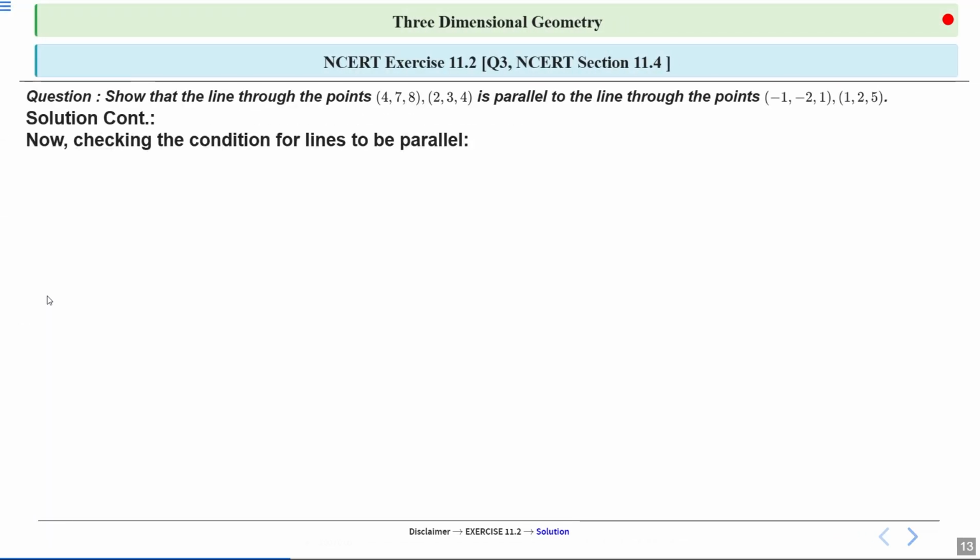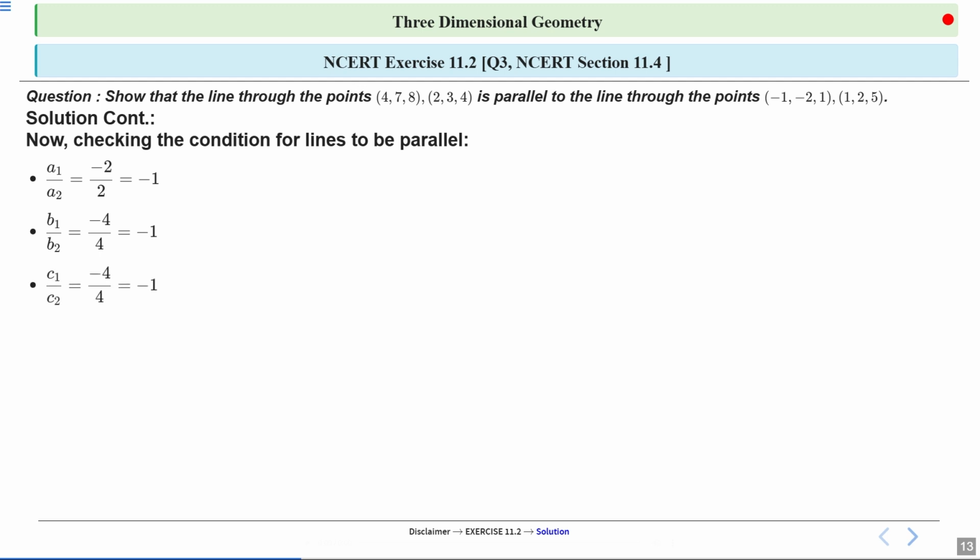Now checking the condition for lines to be parallel. We need to see if the ratios of the x, y and z components are all equal; then the lines are said to be parallel. The ratio of the x components, A1 divided by A2, equals -2 divided by 2, which is -1. The ratio of the y components is -4 divided by 4, which also equals -1.